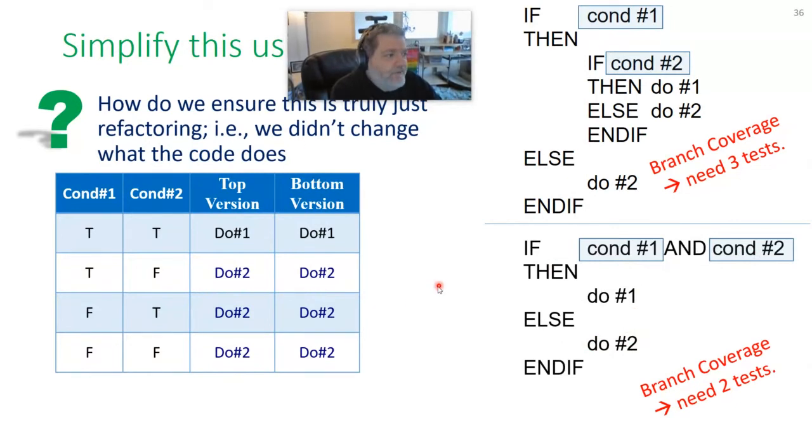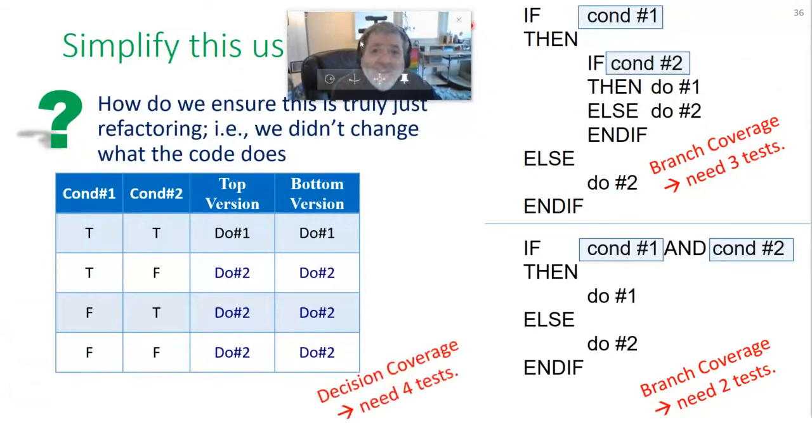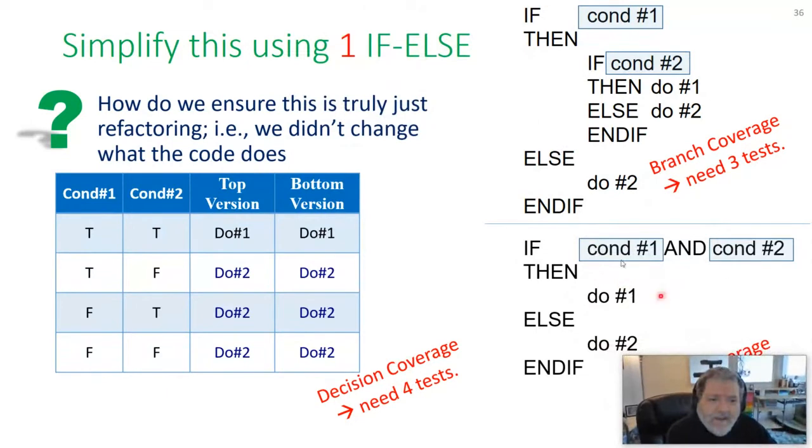Now that I know about Boolean expressions, I need to take into consideration that in practice, it's very possible that I need only two tests. But in theory, because I have a logical AND here, the combination of those two conditions can have four possible outcomes: true-true, true-false, false-true, false-false.